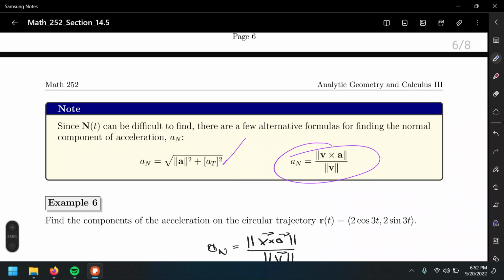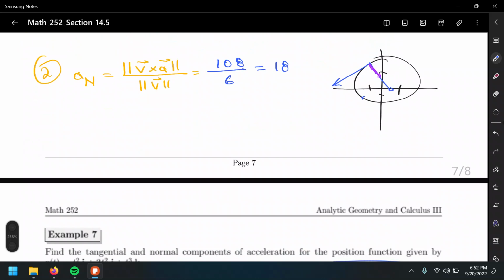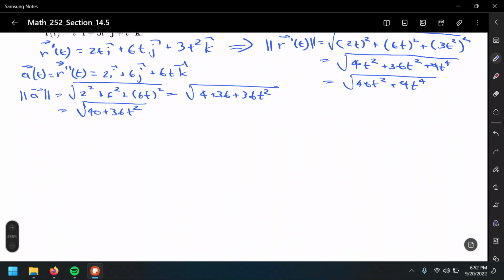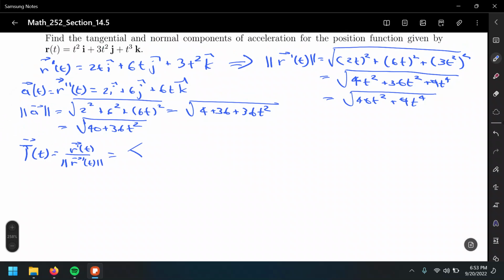Okay? So let's see. Number one, the tangential. The tangential is going to be, oh, actually the prime one, r prime. Yes, here's the thing, this is a lot of symbols, and so for the derivative, I'm going to go to component form this time.